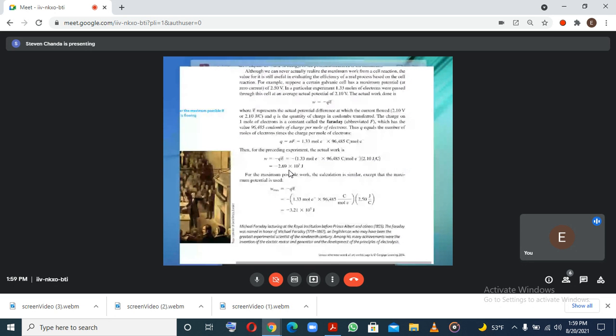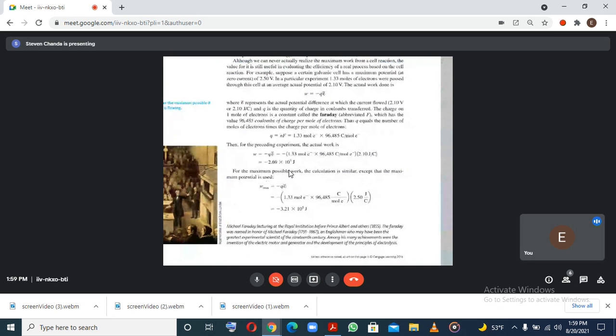Even though we can never actually realize the maximum work from a cell reaction, the value for it is still useful, and we already talked about this, the maximum. That's the maximum that we are talking about, right?